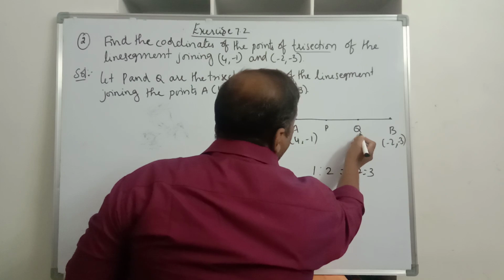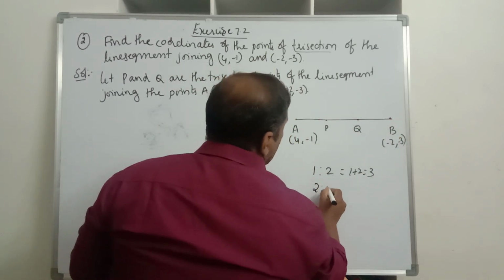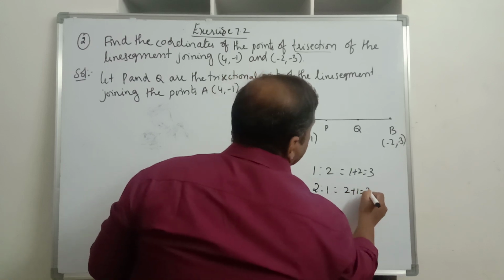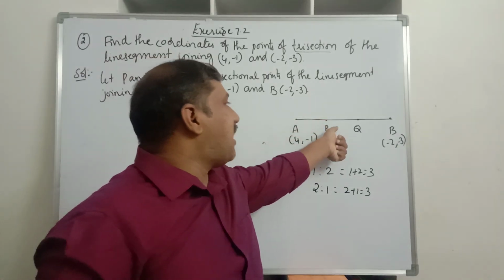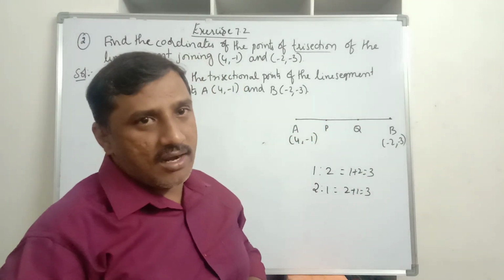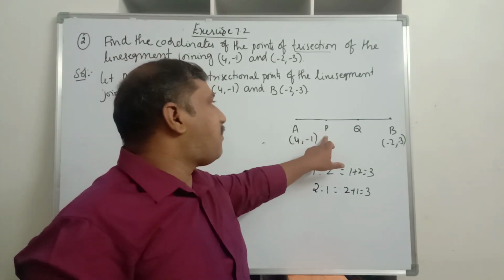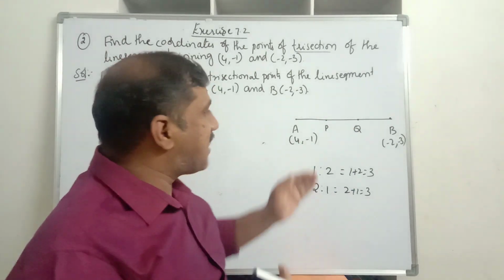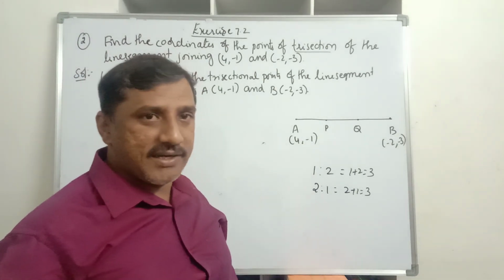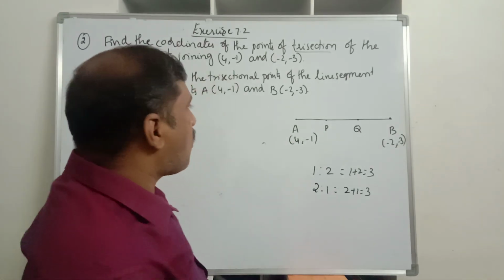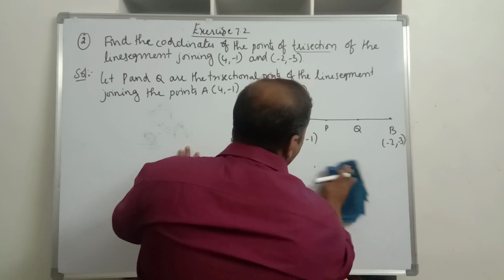Similarly, this point Q is dividing the line segment AB in the ratio 2:1, that is 2 plus 1 is equal to 3 we will get. So here the 3 parts we got, AP, PQ and QB, all are equal. So these parts are equal, that is their lengths are equal, that is point P and point Q will divide the line segment AB in the ratio 1:2 and 2:1 respectively. Now we have to find the coordinates of point P and point Q. Which formula will we use?